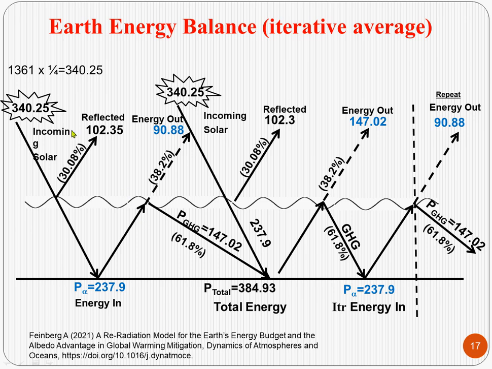So basically, the sun comes in with 340 watts per meter squared, and the sun goes right through the greenhouse gases and gets absorbed by the atmosphere and the Earth's surface, and comes out to about 238 watts per meter squared. Of that, we get some amplification effect or trapping by the greenhouse gases, which increase that flux about 61.8% to 147 watts per meter squared.